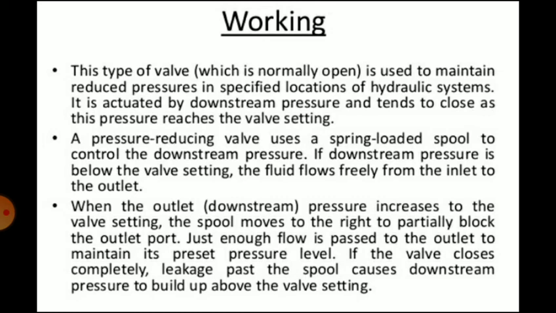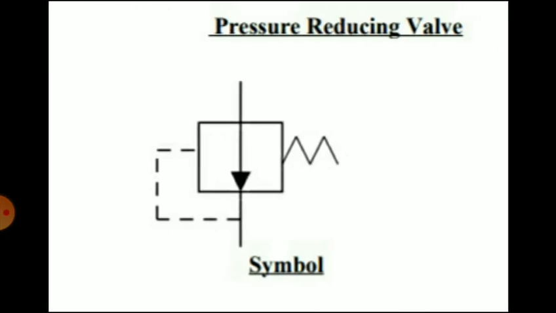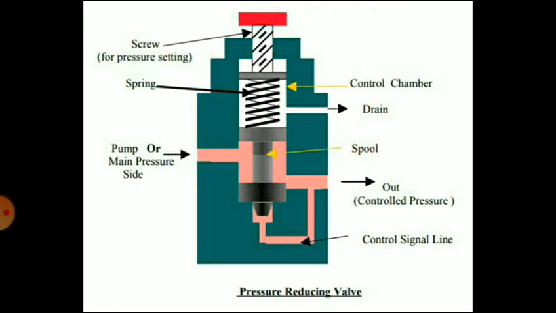If downstream pressure is below the valve setting, the fluid flows freely from the inlet to the outlet. So you can see here, inlet to the outlet. The pump is the inlet, and there is an outlet that is shown in the diagram.